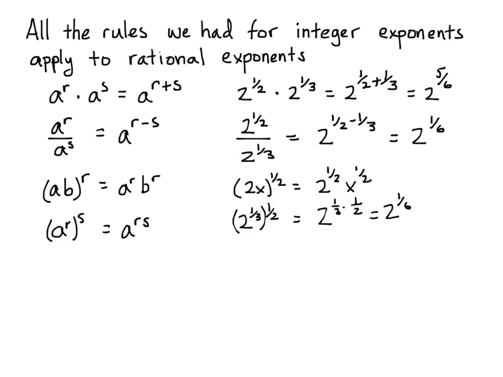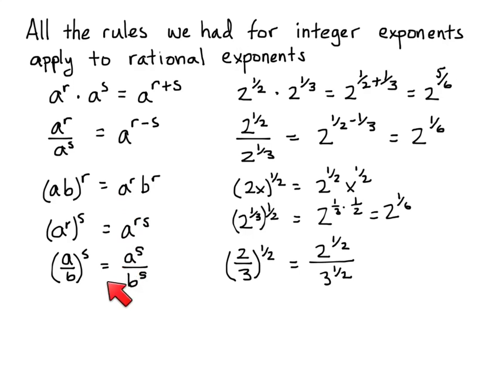So we have the 1/6 root, or the 6th root, excuse me. And just like we did with this one up here, we can also do this with ratios. So if we have a over b to the s, that is a to the s over b to the s. If we're taking the square root of 2/3, that's the same as taking the square root of 2 over the square root of 3.